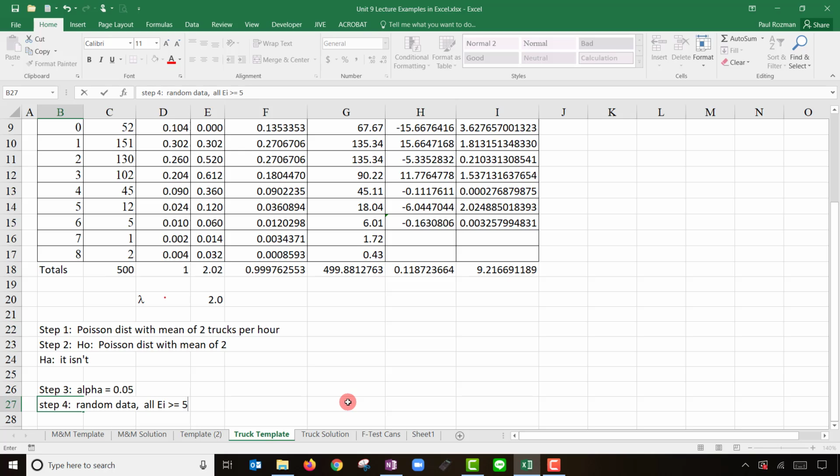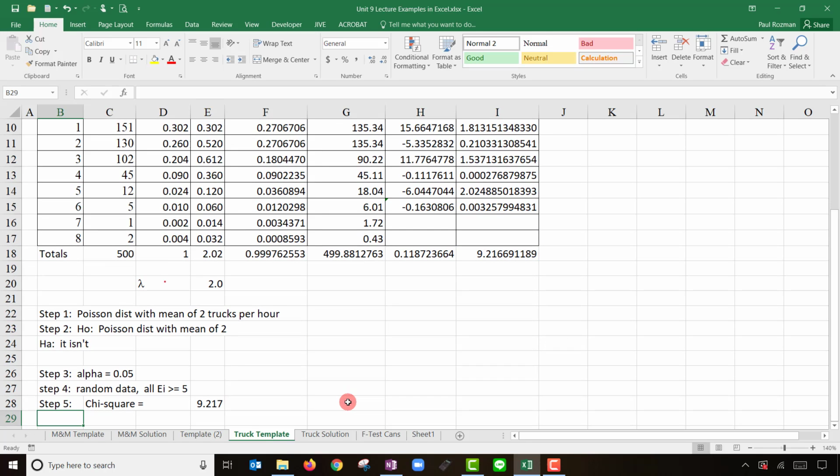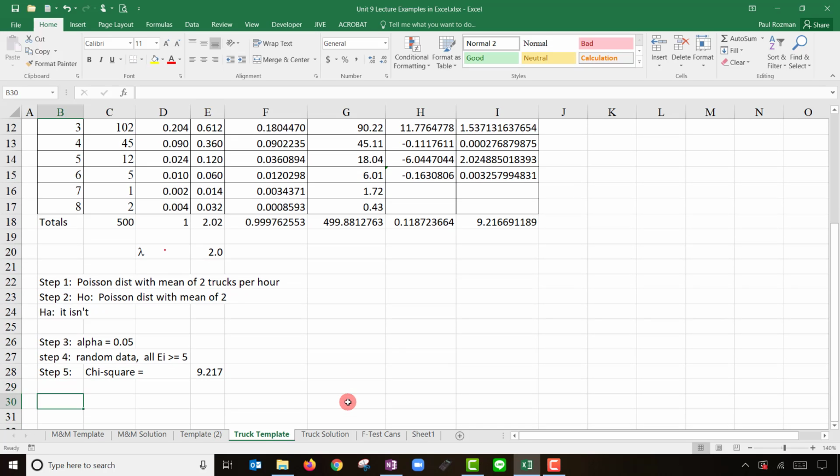We've met that condition. We didn't, but we faked it until we got it. Step 5, calculate the test statistic, chi-square. It's an I-18. We get a test statistic of 9.217.